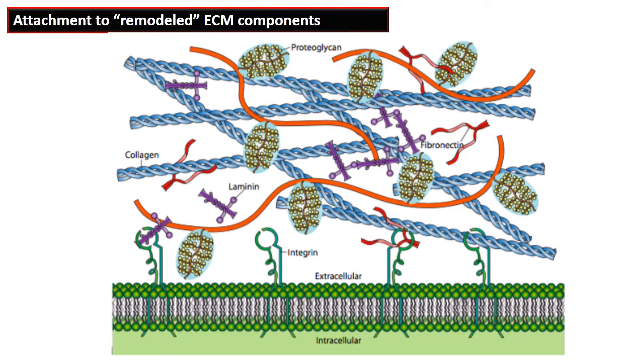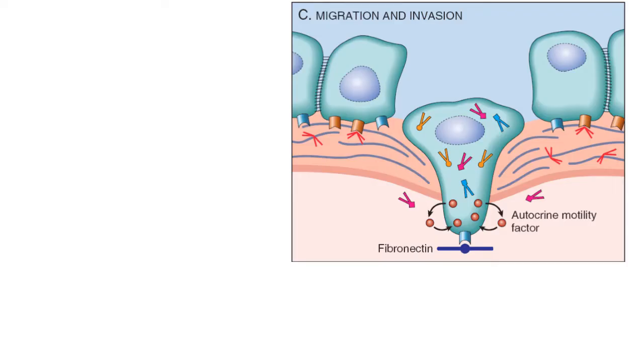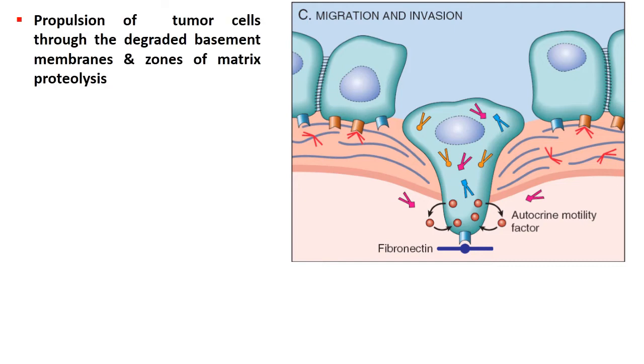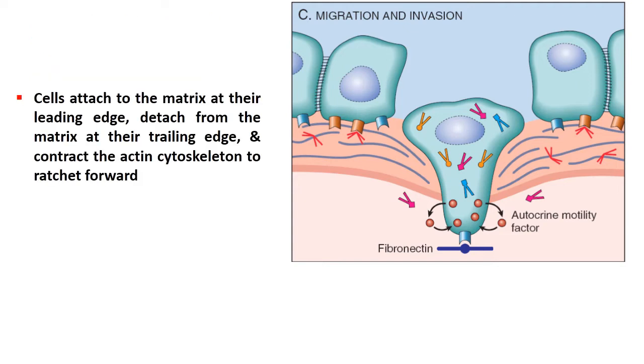Moreover, the stroma, as we have seen, is cancerized, and it is also promoting invasion and metastasis. Now these detached cells, in the background of an altered or cancerized extracellular matrix, are propelled forward through the degraded basement membrane and the proteolyzed matrix.